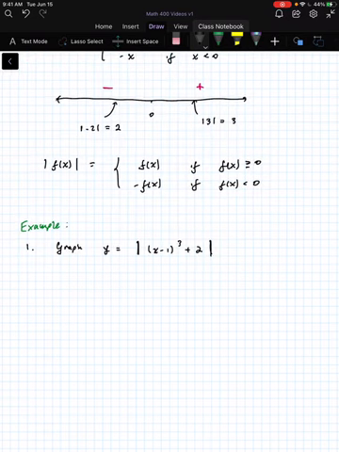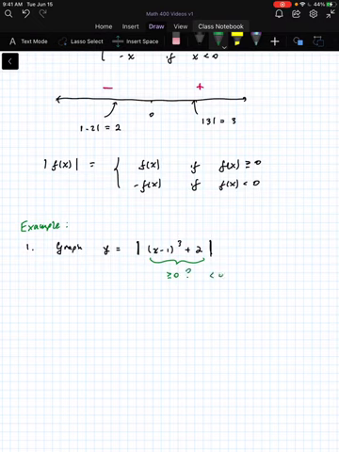So what we want to think about is, where is this part of the function positive? When is it negative? In other words, let's set it equal to 0 and solve the equation.